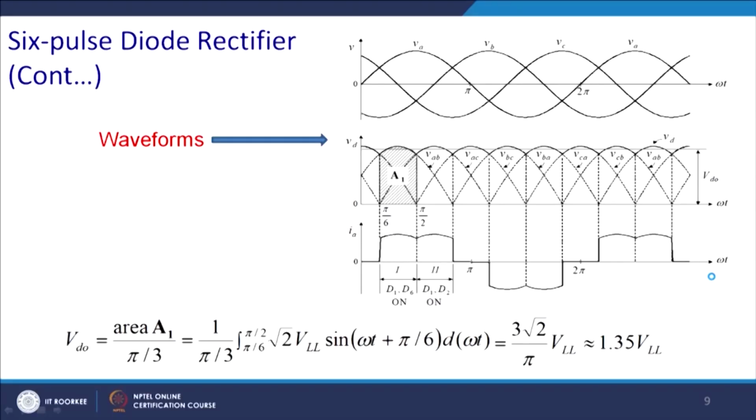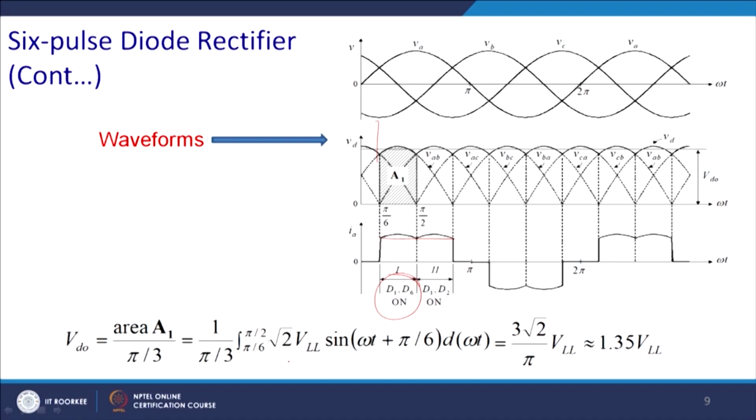And similarly we can calculate. Ultimately you can see the current pattern: instead of the square wave we will have this kind of waveform for a resistive load, but if you make the load RL, you can get a straight line for the inductive load. As you have seen, it starts in conduction mode, because it is equivalent to alpha equal to 0. It starts conducting when D1 and D6 start conducting, and thus you get the area A1 over pi by 3.